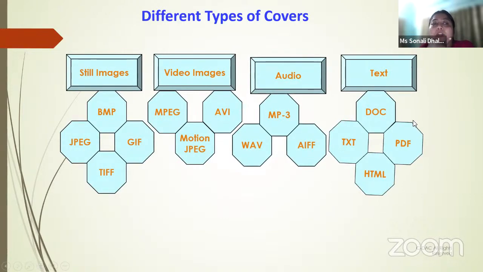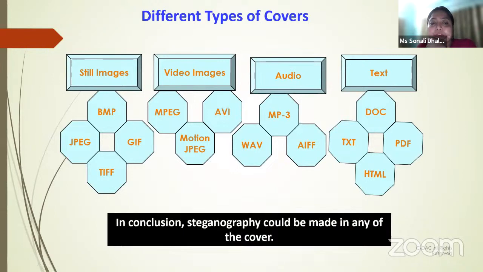As I already told, different types of cover can be used during steganography. Still images, video images, audio and text, any kind of cover file can be applied for steganography.